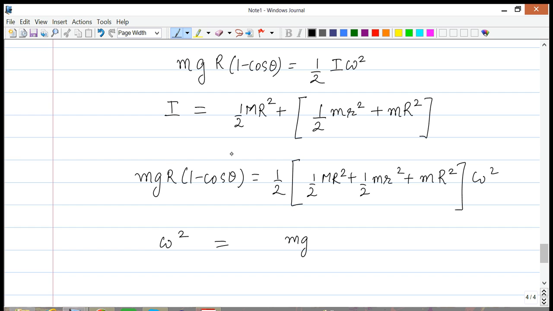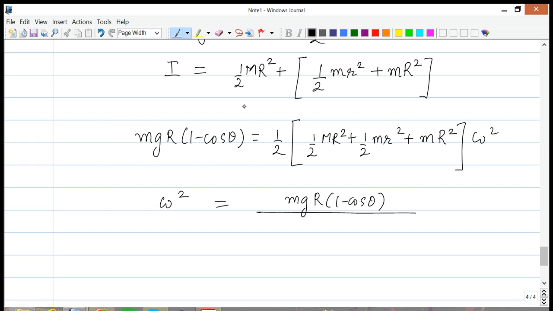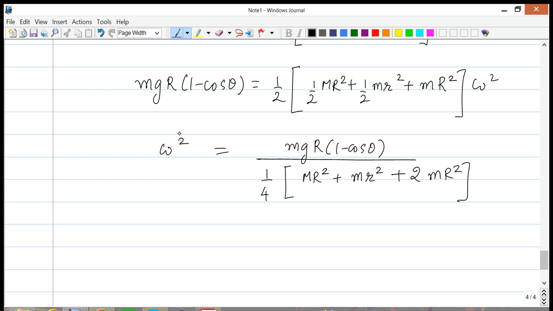So let's, you know what, before we do that, let's do this. mgR times 1 minus cosine theta divided by, let's get rid of all the factors of 2 here, so it will be 1 over 4 times MR squared plus lowercase m times r squared plus twice m times capital R squared.